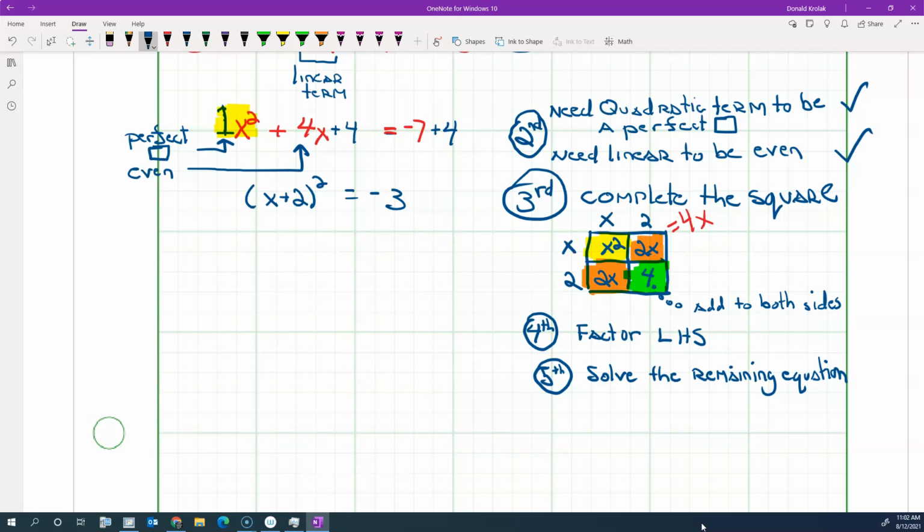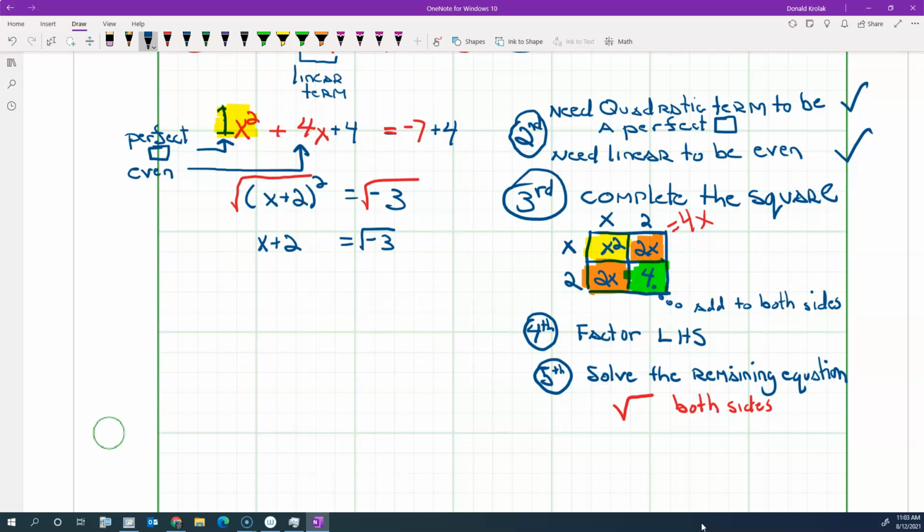Okay, so to solve this, square root both sides. So when I square root the left side, that's just going to become x plus 2. And I got to square root the right side. So this would be x plus 2, and this is negative square root 3.